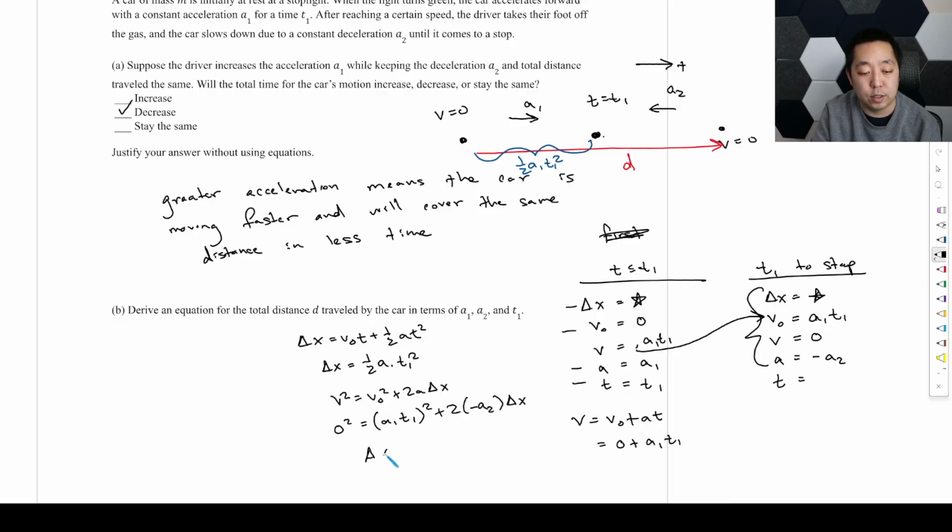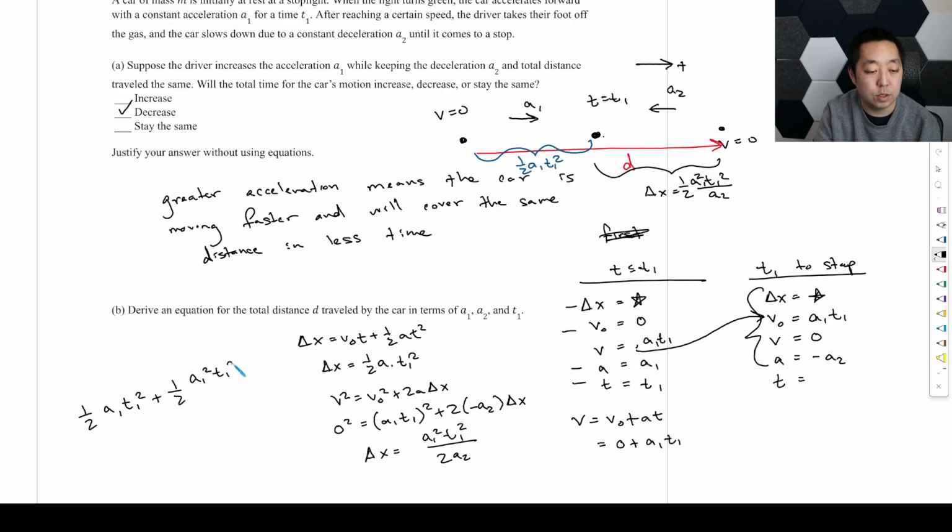You can solve for delta x: it would be a1 squared t1 squared over 2a2. That's just math solving at that point. So the displacement from there to there is 1/2 a1 squared t1 squared over a2. The total displacement is the sum of them: 1/2 a1 t1 squared plus 1/2 a1 squared t1 squared over a2.